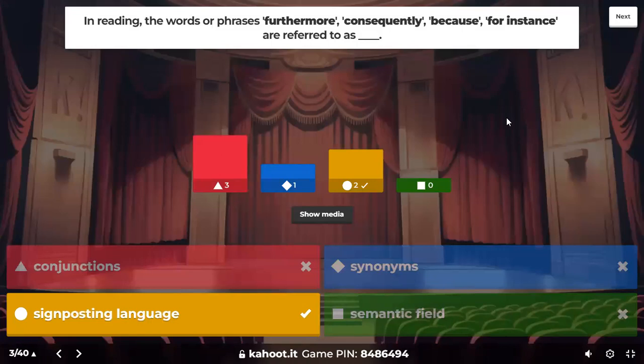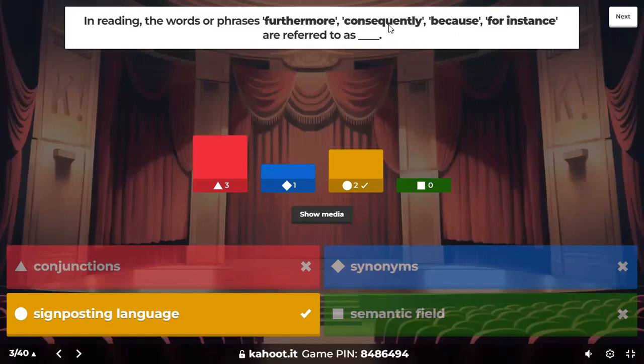So these are signposts. Whenever you come across them, it means that the writer wants to take you somewhere, guys. These are the words that will help you navigate through a reading passage. They are very important. Now, furthermore, what does it signal? Additional information. Excellent. So the writer is going to give me some additional information.